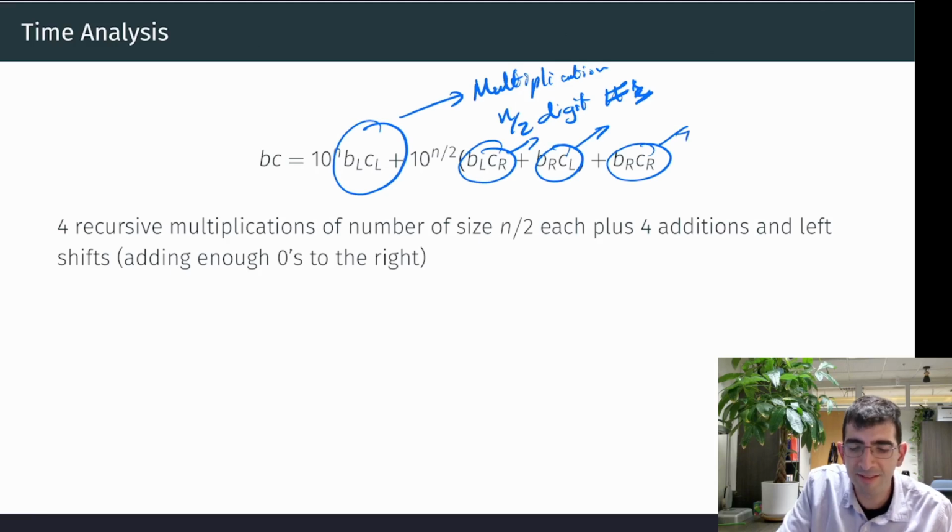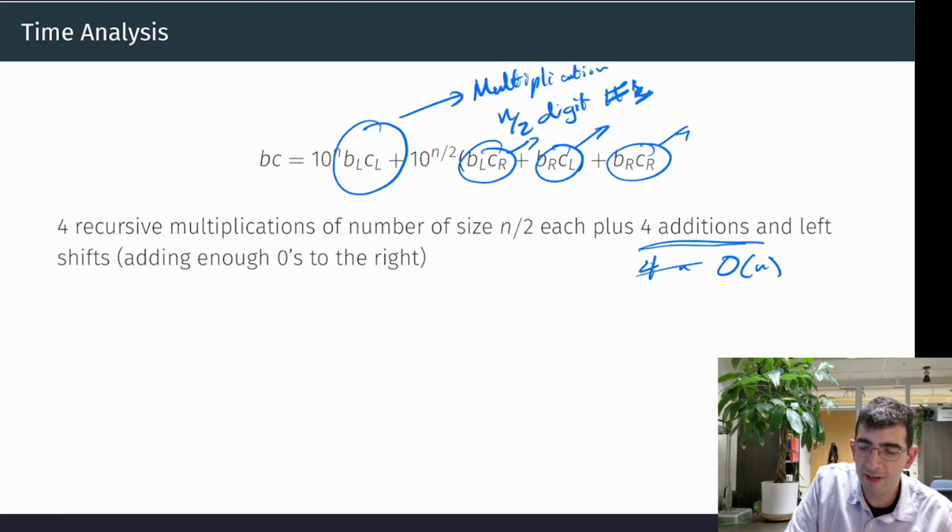So on that front, the divide and conquer is helping us. On the other hand, we know that we have 4 additions and a couple of left shifts. But specifically, the 4 additions, how long do they take? Well, considering each addition could be the addition of 2 n-digit numbers, it could be at least 4 times n, or O of n work, right? And the shift also gets captured in this O of n work.